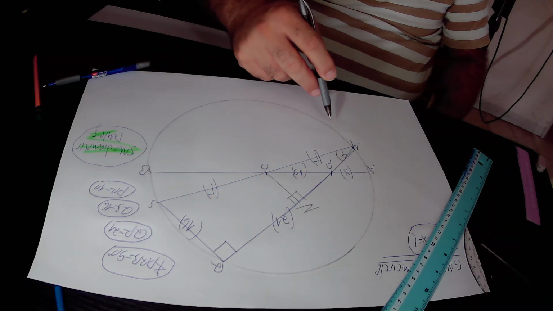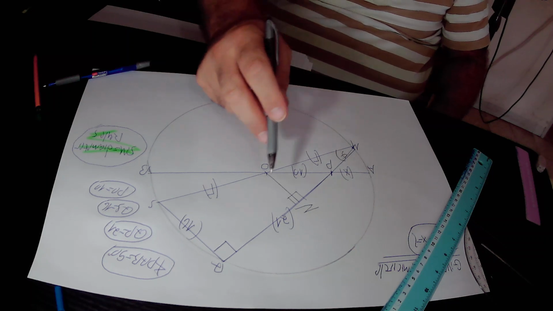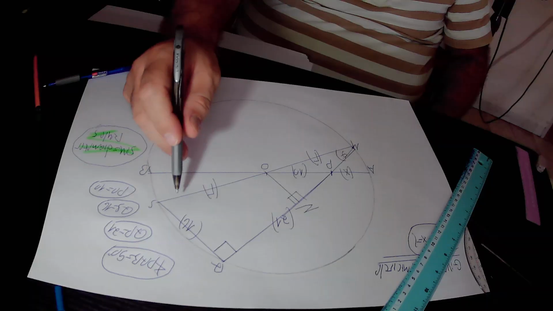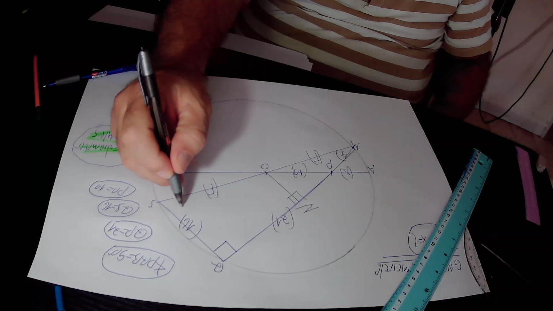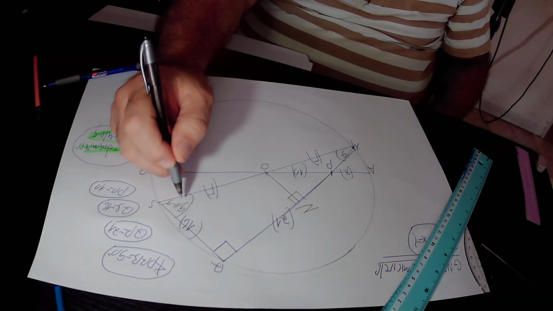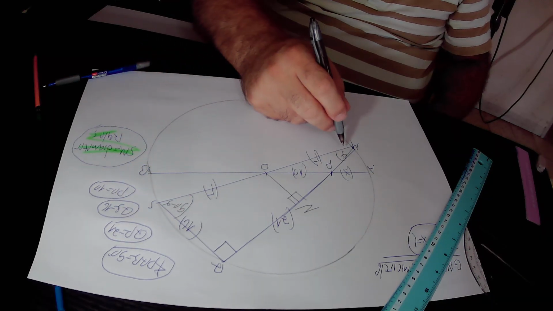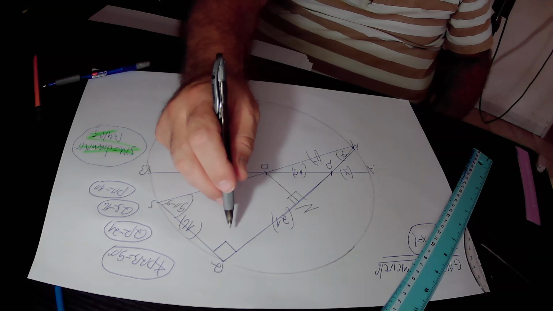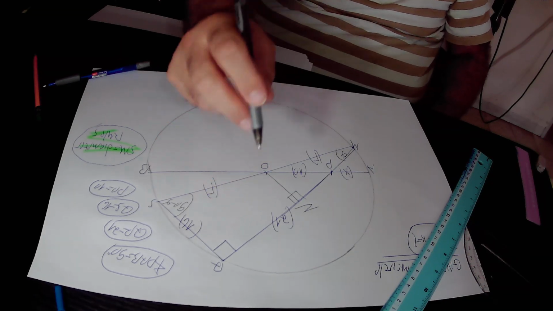In it, this angle equals alpha, and this is the right angle, 90 degrees. Therefore, this third angle must be equal to 90 degrees minus alpha. Why? Because 90 degrees minus alpha plus alpha is 90 degrees, and 90 degrees plus 90 degrees is 180 degrees, the sum of the angles in a triangle.